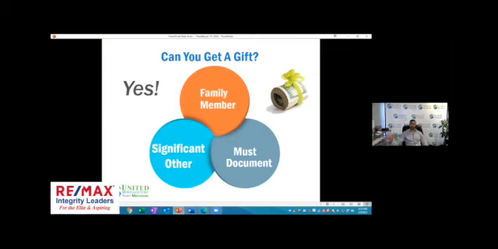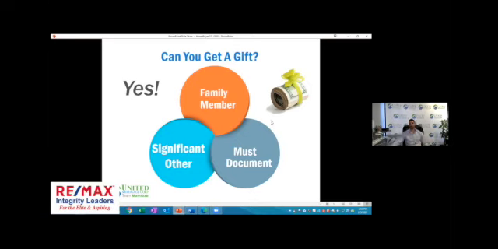FHA is a little bit more lenient with someone with a closely defined relative or something like that. Conventional really wants it to be a family member of some sort, blood related, fiance. But either way, there are always ways around certain things. And if it doesn't fit the bill, then there are other ways to get around it, and we can ask other family members or what have you. Okay.